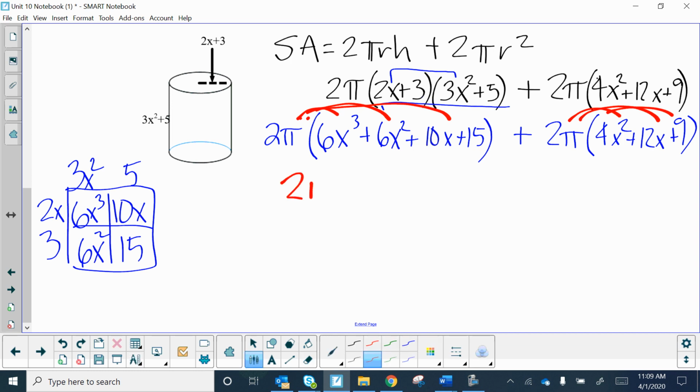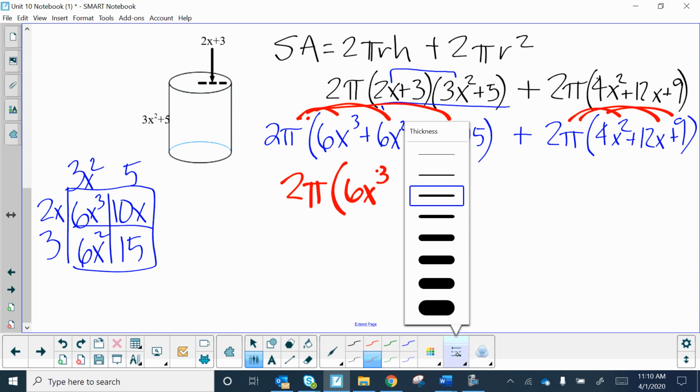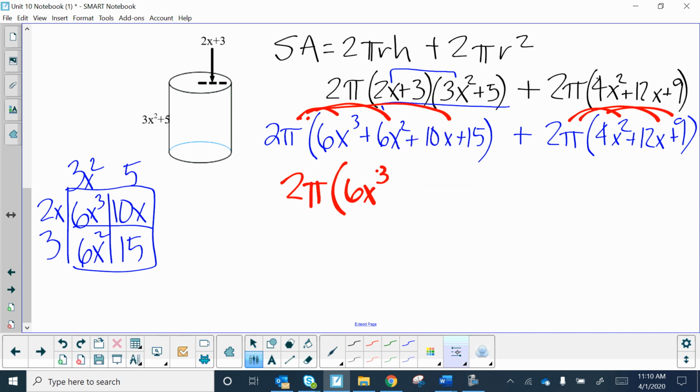You can write 2 pi times, and then everything inside the parentheses. So we have 2 pi, we have 6x cubed, we have 6x squared and 4x squared, which ends up being 10x squared.